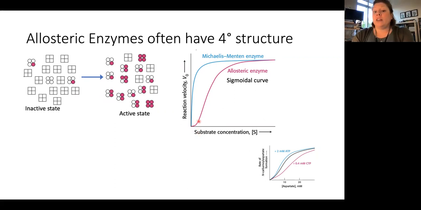Once they're converted, though, increasing substrate concentration is going to allow reaction velocity to jump up, and of course, we'll eventually reach or near Vmax. Okay, so it's due to the fact that allosteric enzymes have this quaternary structure that can be both in an inactive and then converted to an active state that we see this lag in activation at low substrate concentrations. Okay.